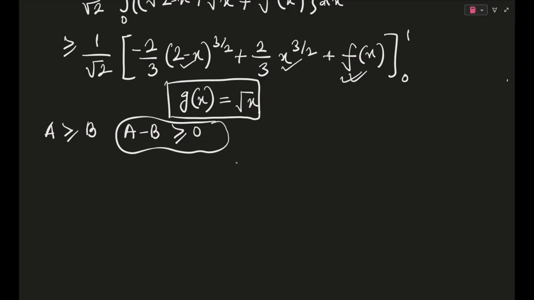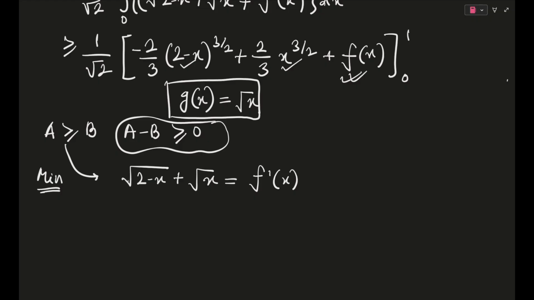So if we apply this borderline condition, then root 2 minus x plus root x will not be greater than or equal to, it is equal to, because we are minimizing it. So the borderline condition is equal to f dash x.